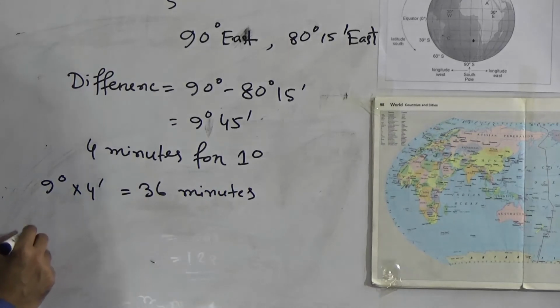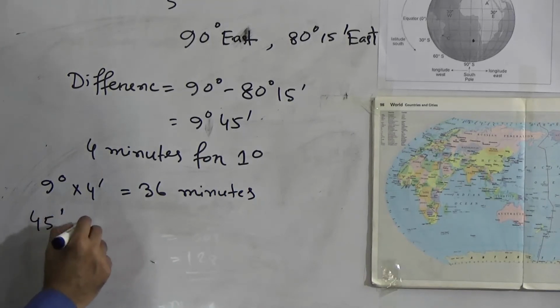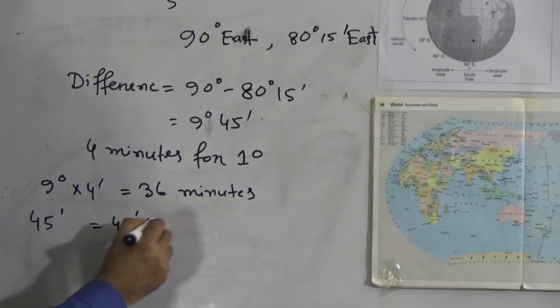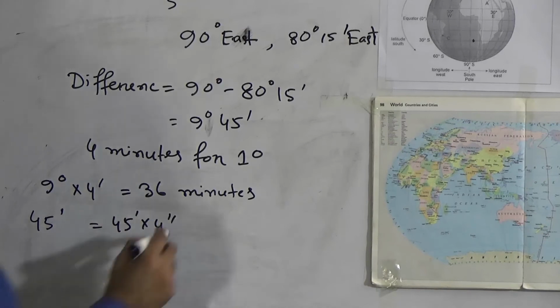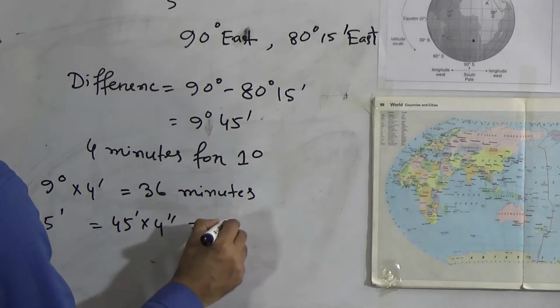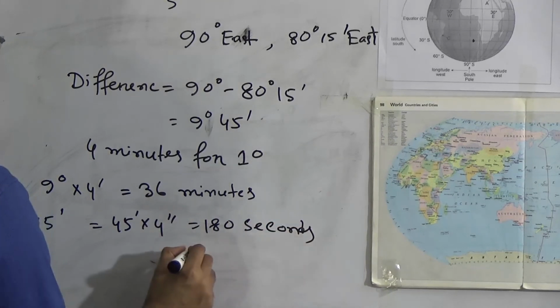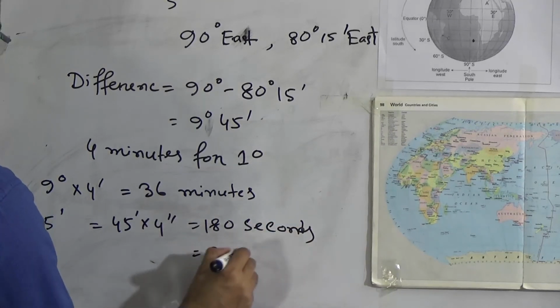And for 45 minutes, it will be 45 into 4 seconds equal to 180 seconds, which is again 3 minutes.